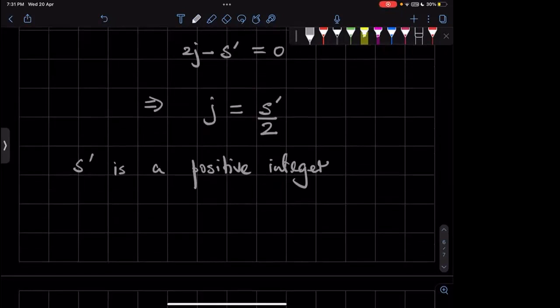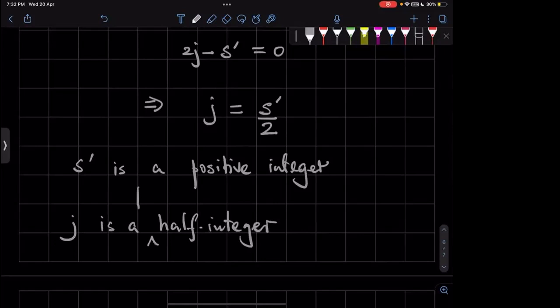This means that J, the highest possible value of M, right? J is the highest possible value of M. J is a positive half integer. Okay, so we have found the highest value of J, the highest value of M. Okay, is that clear? This is a very important point.